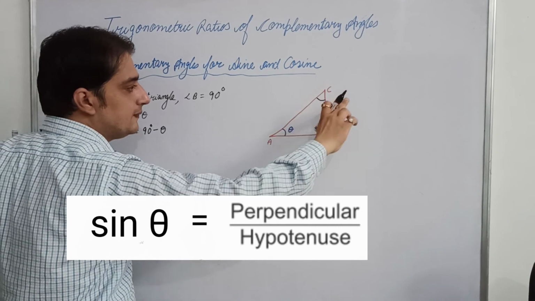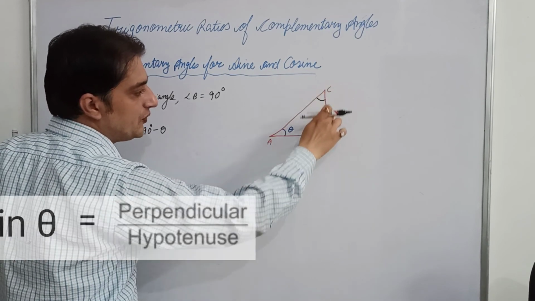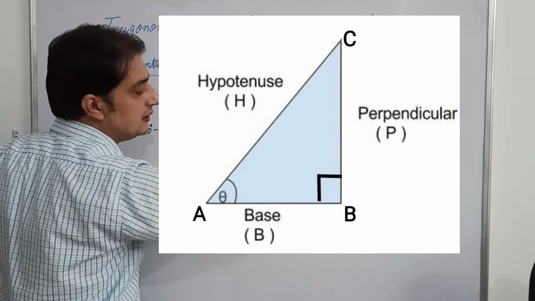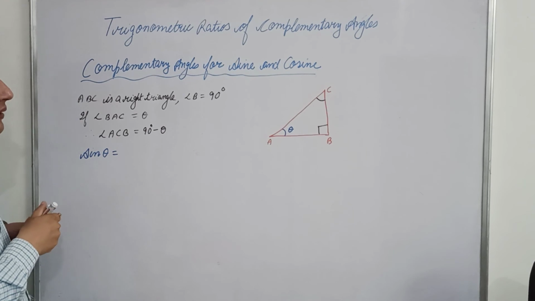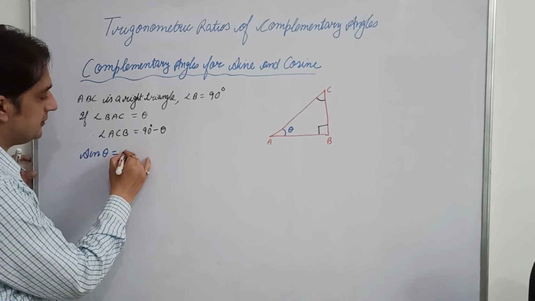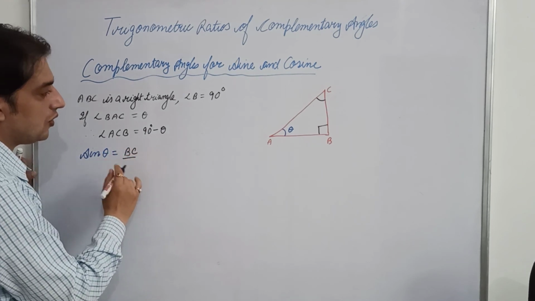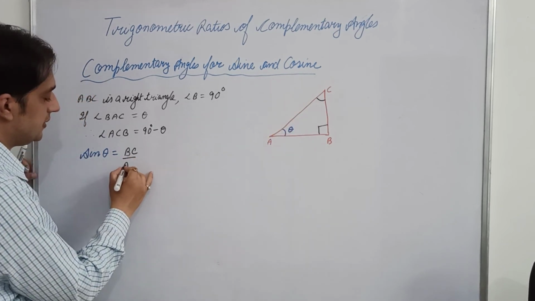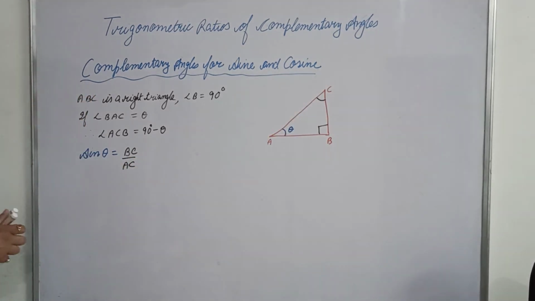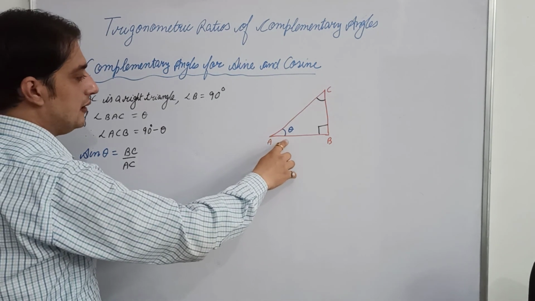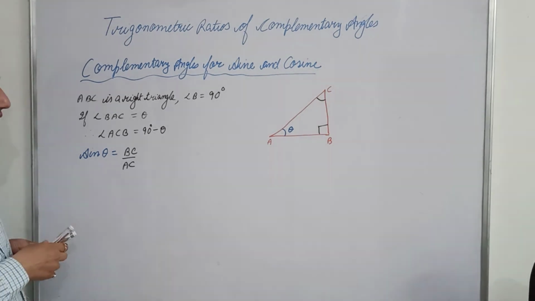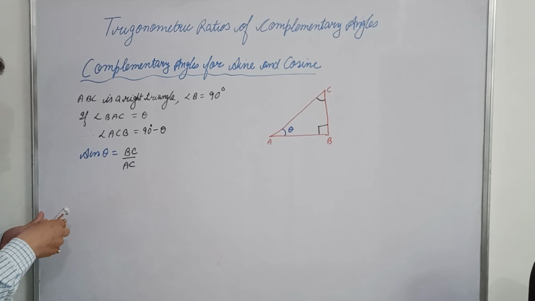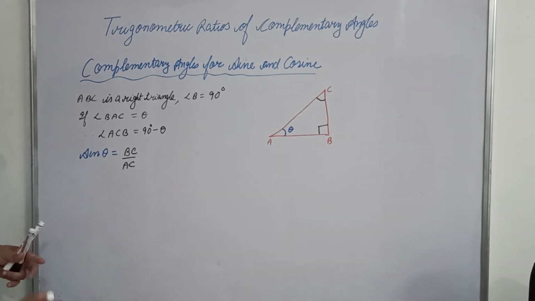For this angle, the opposite side is BC, and we call this BC the perpendicular. So sine theta is BC over the longest side, the hypotenuse AC. So this value is perpendicular by hypotenuse.